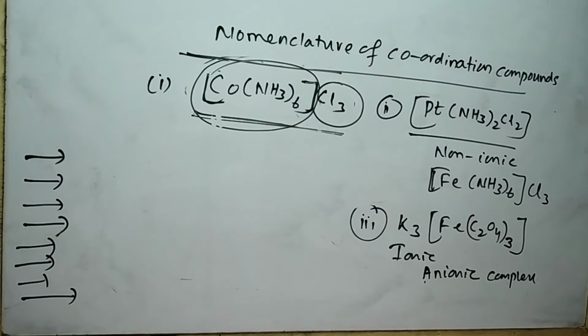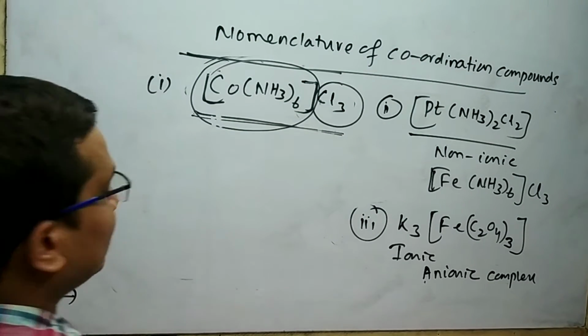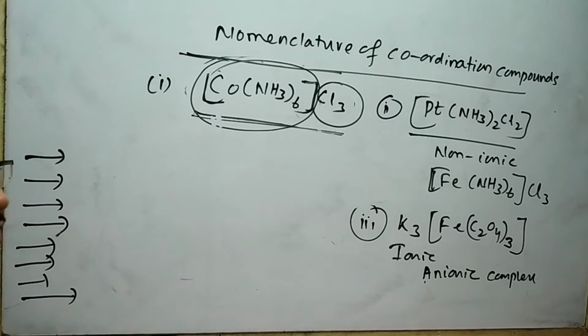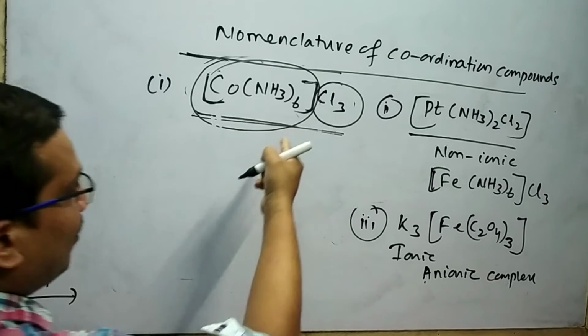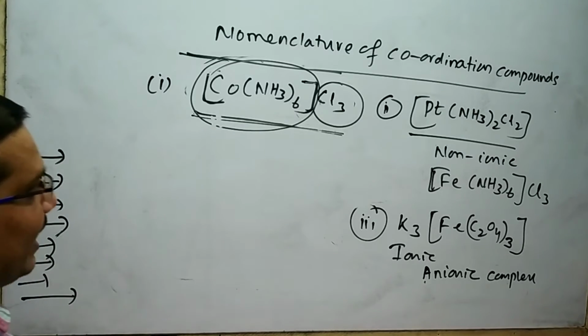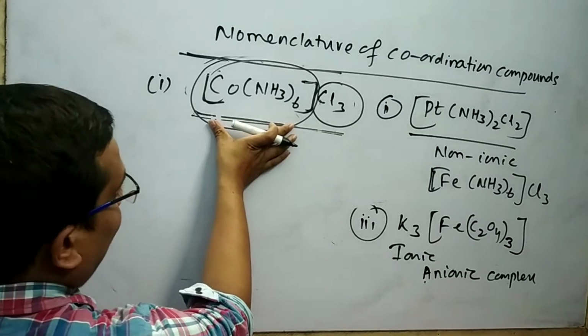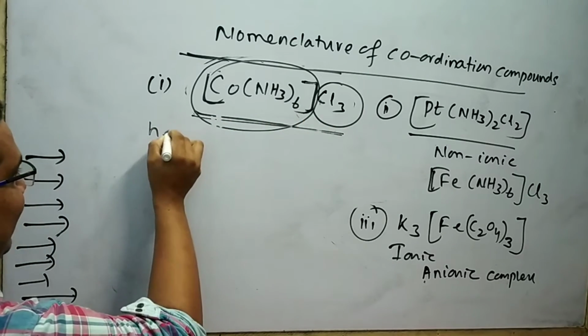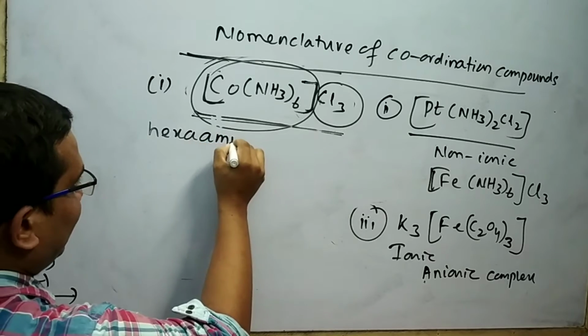There are 6 NH3 ligands present, so it is bound to write hexaamine. Remember one point, the name of this compound must be written in small letters, and there is also a gap between this part name and this part name. So at first I will write hexaamine.